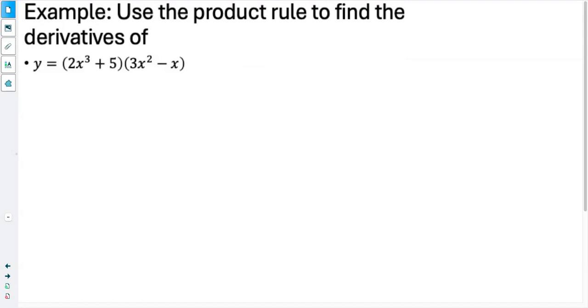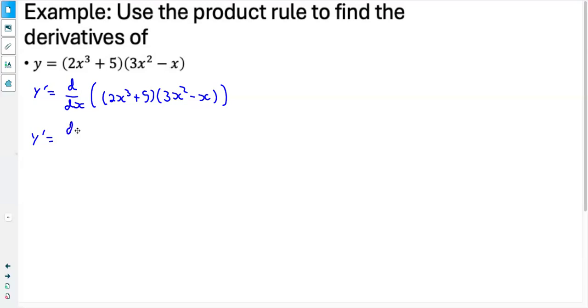Okay, so first example, use the product rule to find the derivative of y equals 2x cubed plus 5, times 3x squared minus x. So if we're finding the derivative of y, that means we have d over dx of 2x cubed plus 5, times 3x squared minus x. From the previous page, we know we take the derivative of the first function and multiply it by the second function.